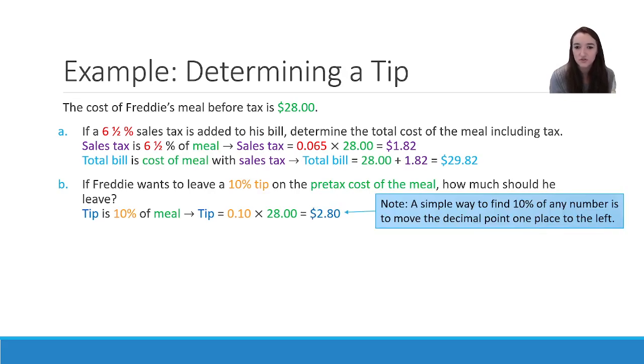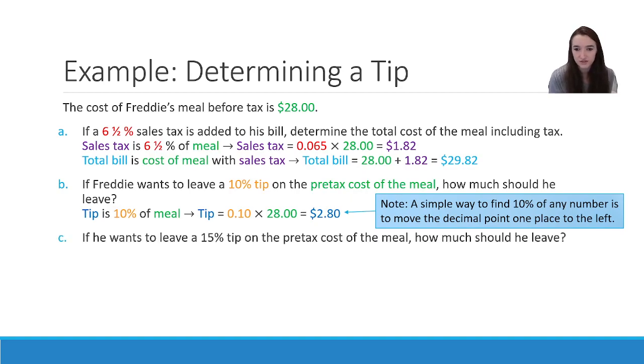And just a quick note, a simple way to find 10% of any number is to move the decimal point one place to the left. Okay, so if you then wanted to find 20% of the meal, you can just double it. Or if instead we wanted 15%, how would we do that? Well, we would do the same thing.